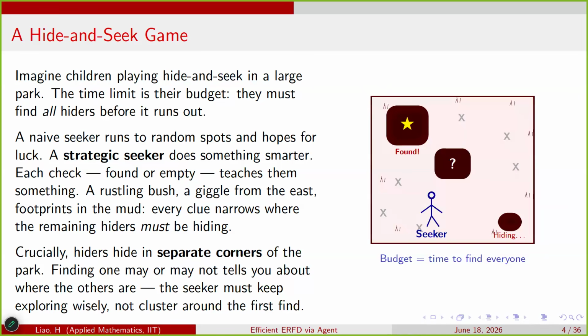And another crucial condition for this case is that these hiders may hide in very different corners, and knowing the location of one may not give us lots of information about where the other one is. So this is like when you consider a multi-modal function or a more complicated function.